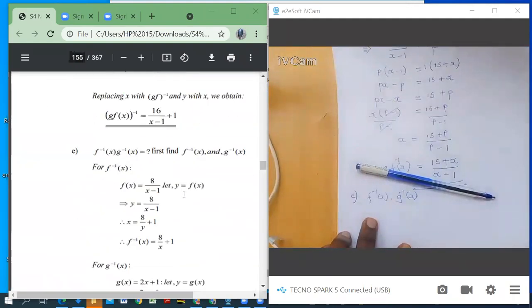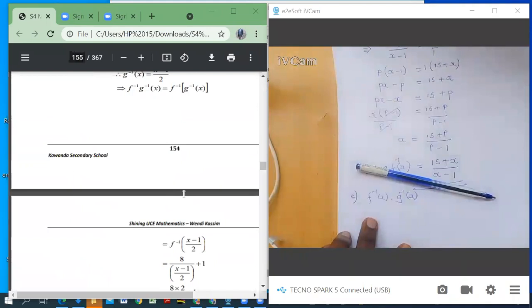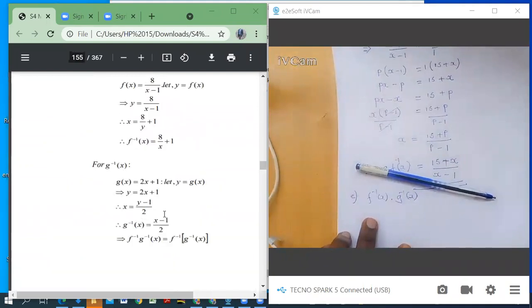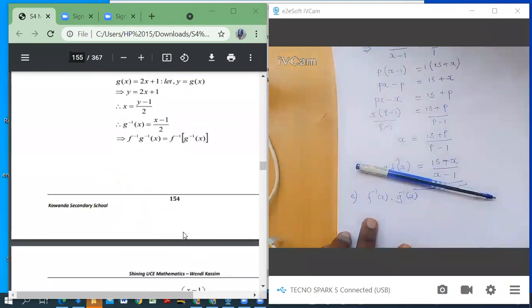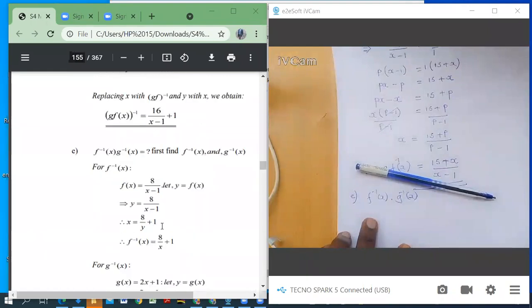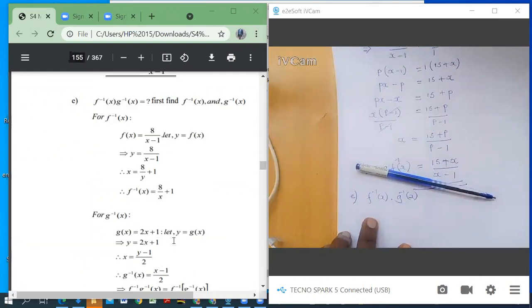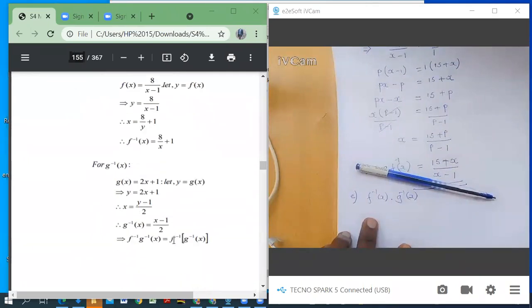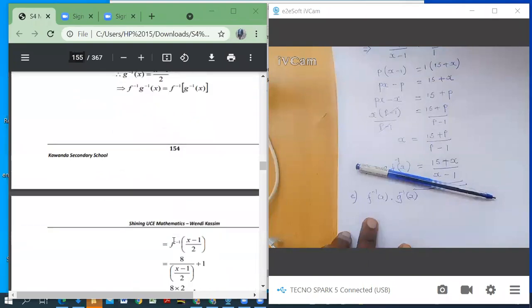We get the inverse of f of x, and the inverse of g of x, then we multiply.